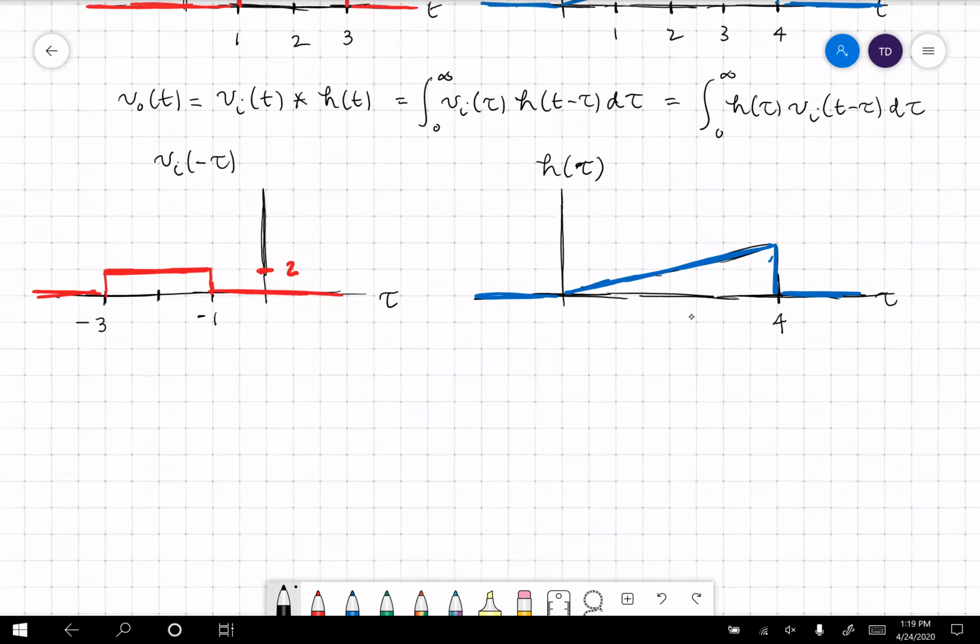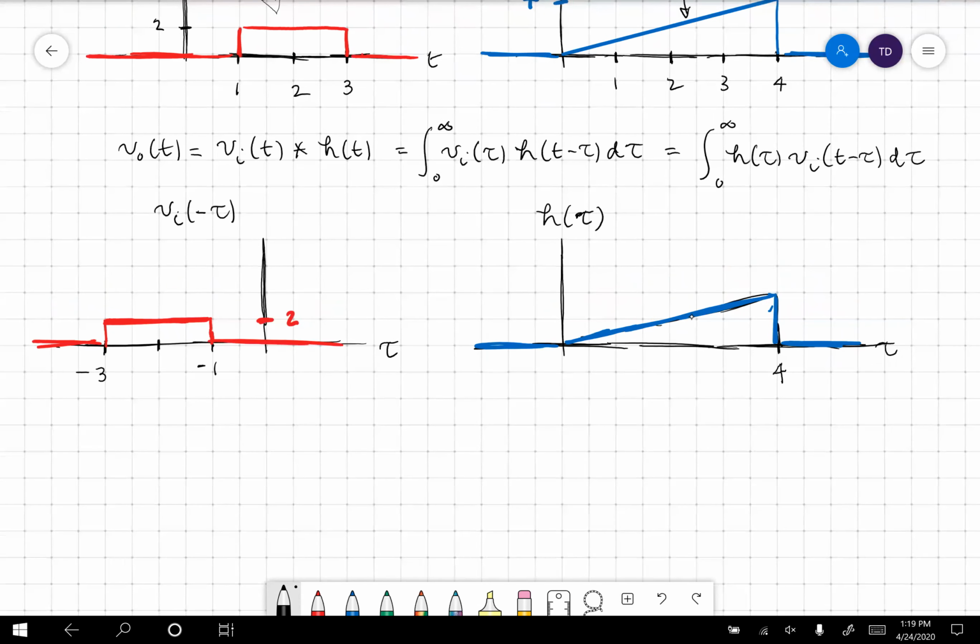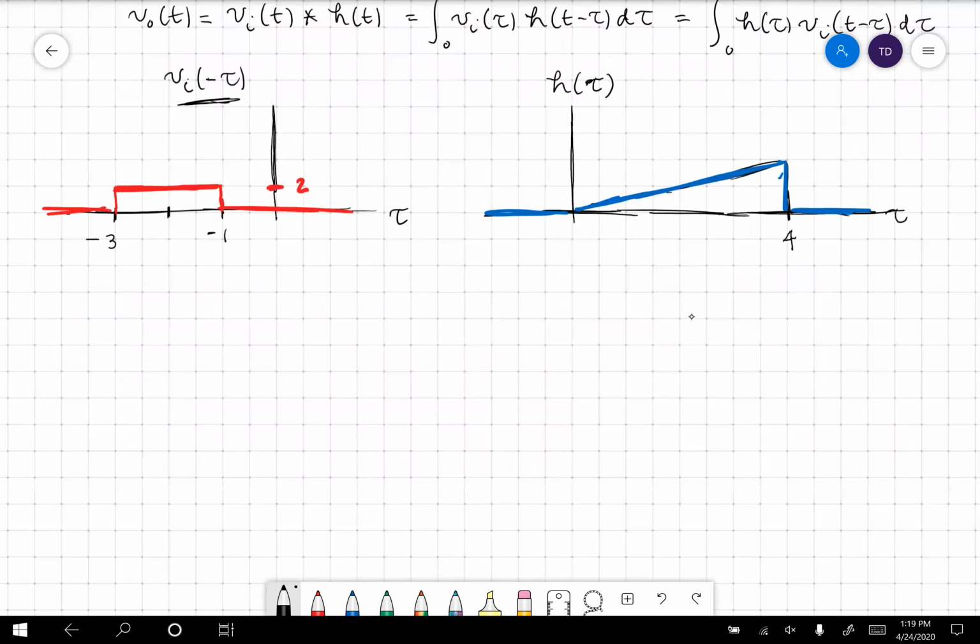Okay, now we have to look at what happens. So clearly right now, in this picture, I have not shifted vi of minus tau. So right now, what is the value of a little t?